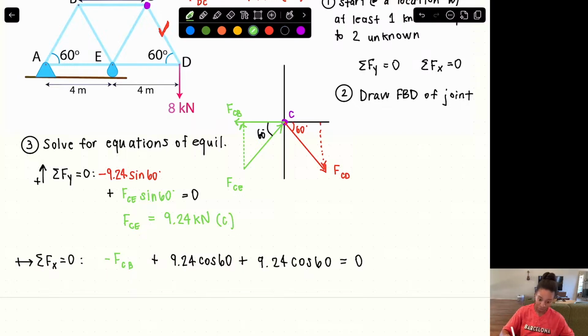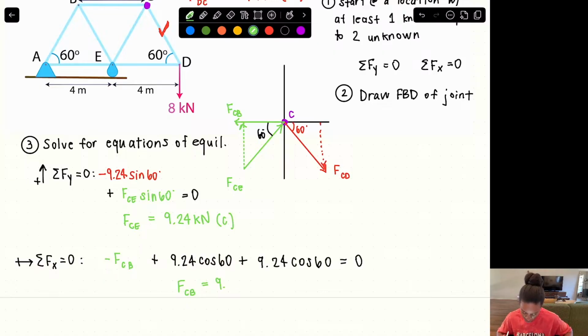And what do you know? We are going to get 9.24. Let me know if you all are getting the same thing.